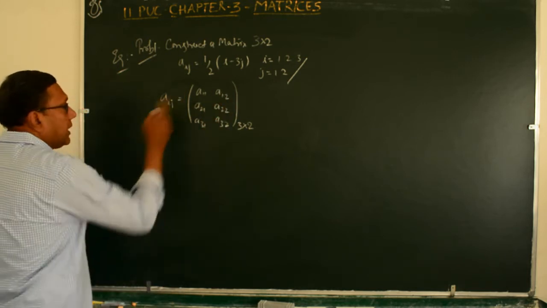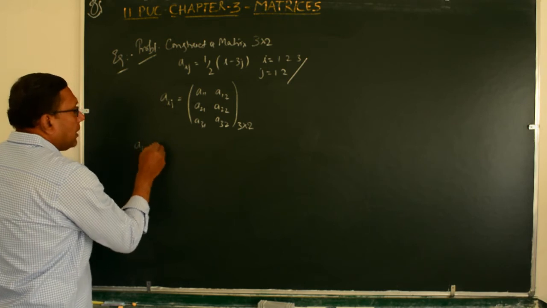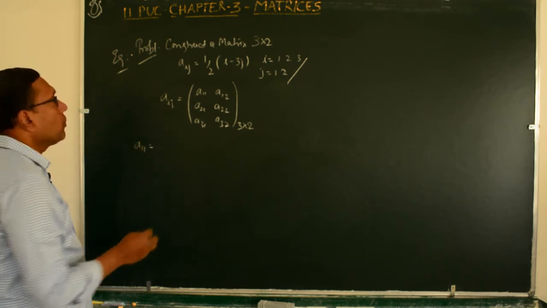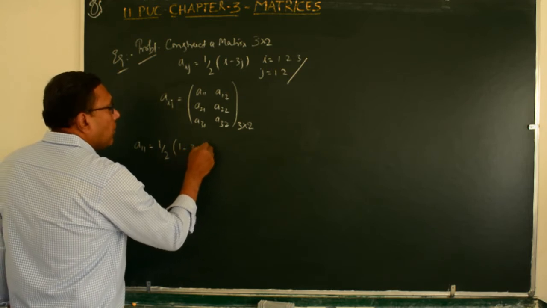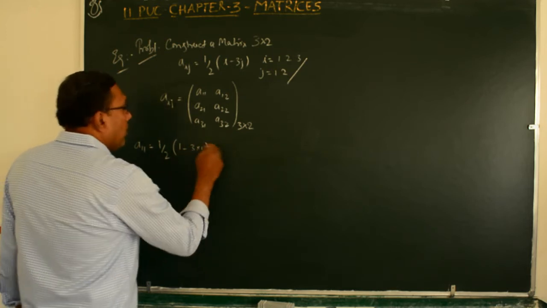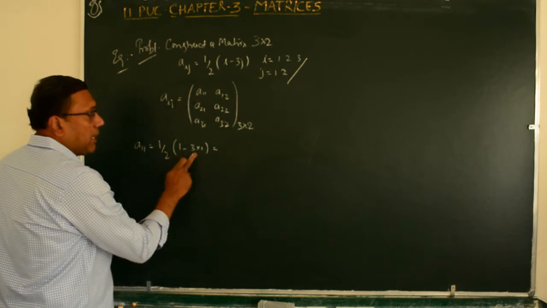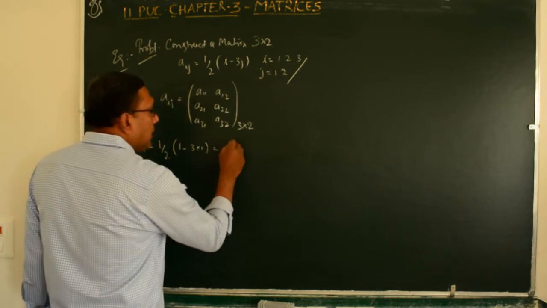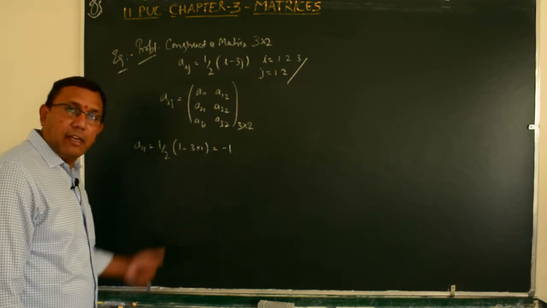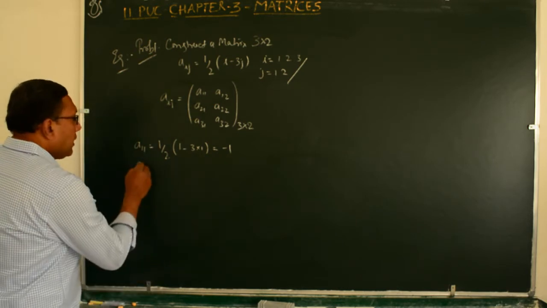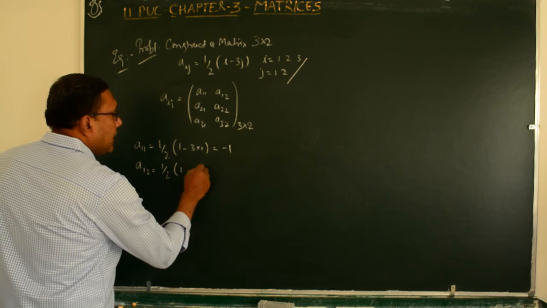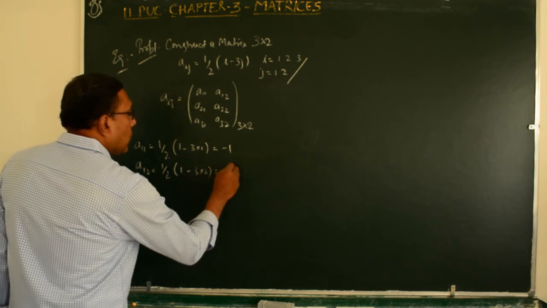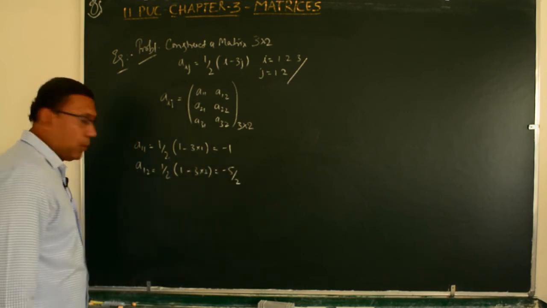So let us take the first element. Here I is 1, j is also 1. So it is half of 1 minus 3 into 1, which is minus 2; 1 minus 3 is minus 2, and minus 2 by 2 is minus 1. Similarly, we will take 1, 2. Here I is 1, j is 2, so it is minus 5 by 2.